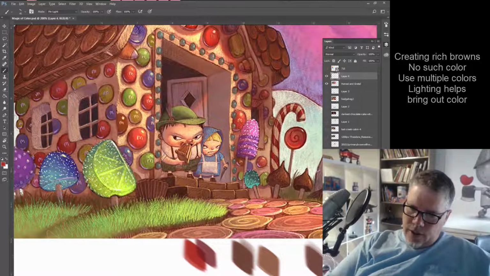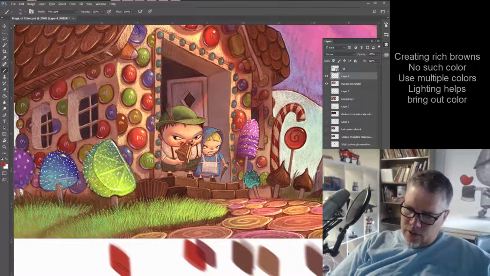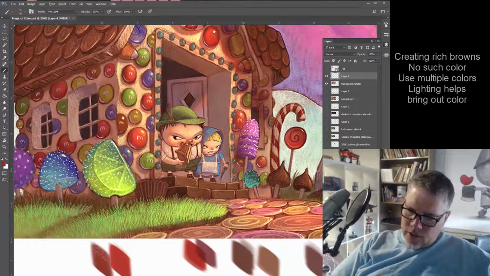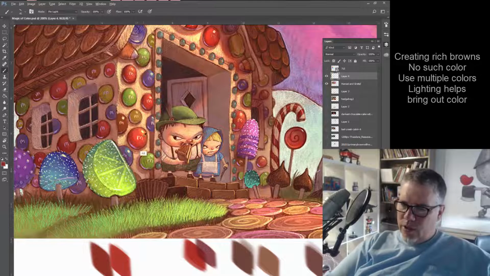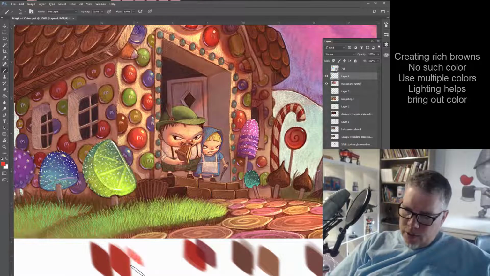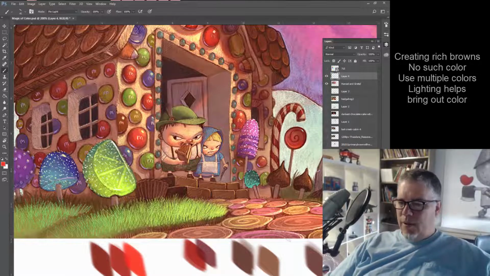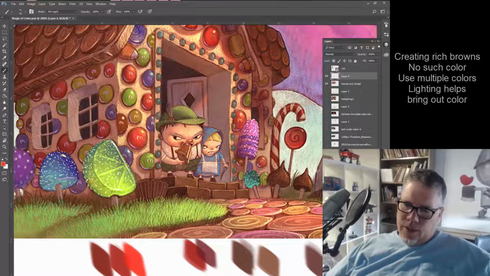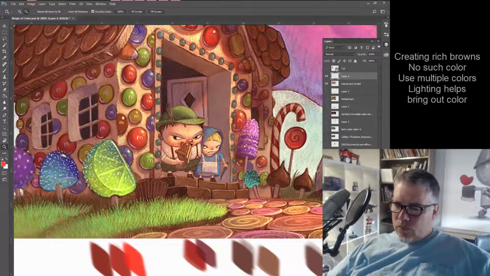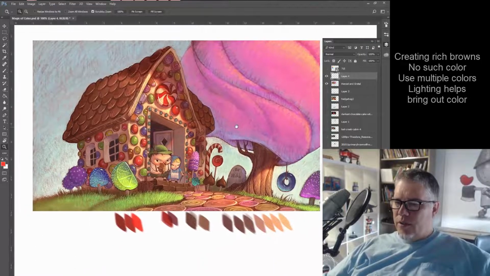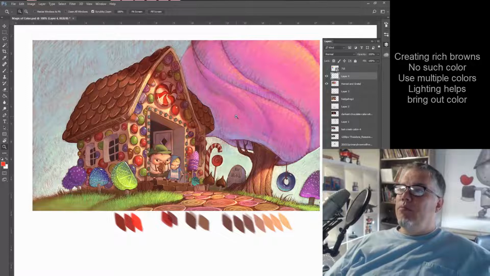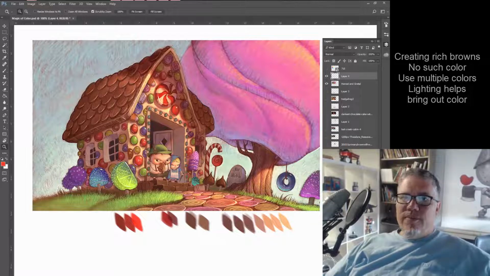Like this color right here is not a very interesting color, right? These are just ordinary colors. But when you place a more saturated color next to it, the way they build and move together makes it look more interesting. So hopefully you'll paint more rich brown colors after watching this.